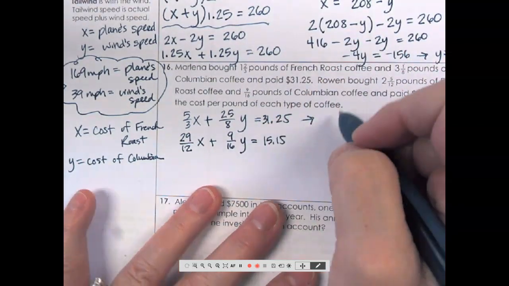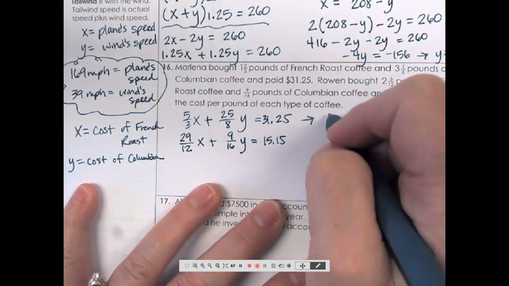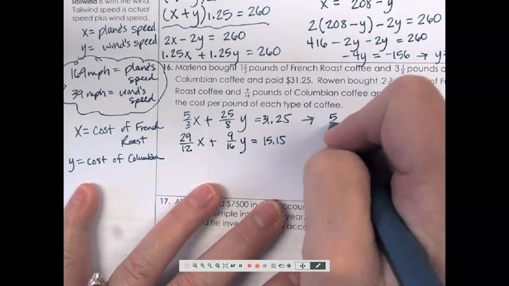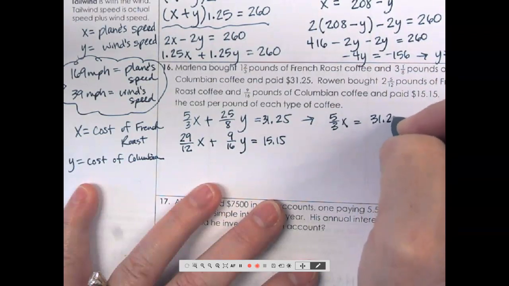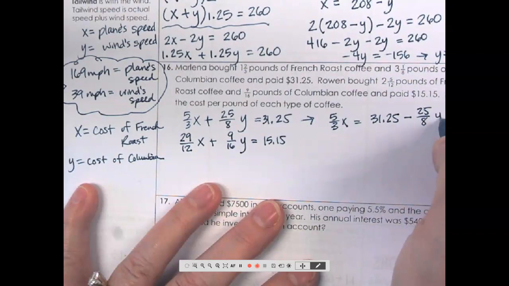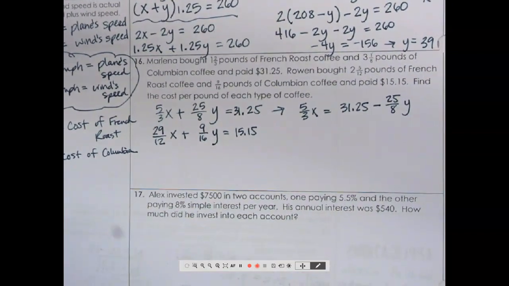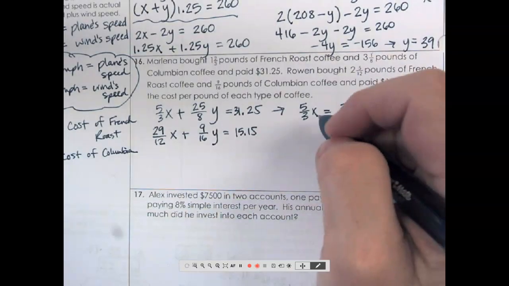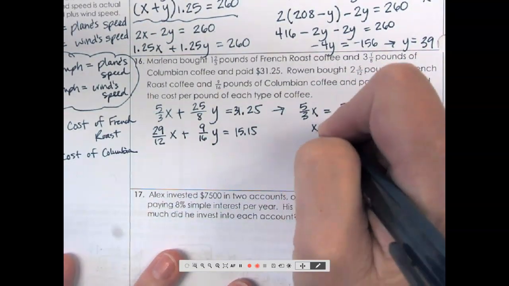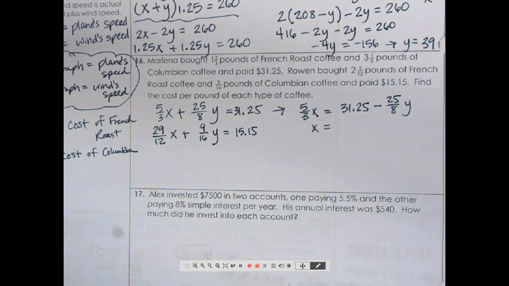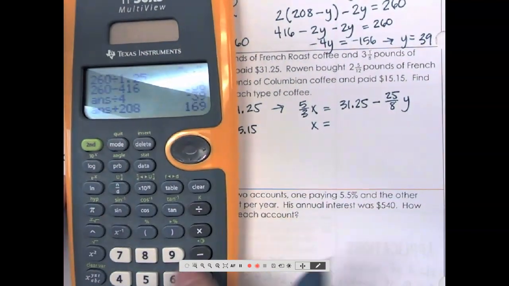If I solve this for x, I'm going to have 5/3 x equals 31.25 minus 25/8 y. It's a simple equation. What am I going to do next? Divide everything by 5/3 or multiply everything by 3/5. So you take your pick there. Either way, I think we're going to be using some calculators.